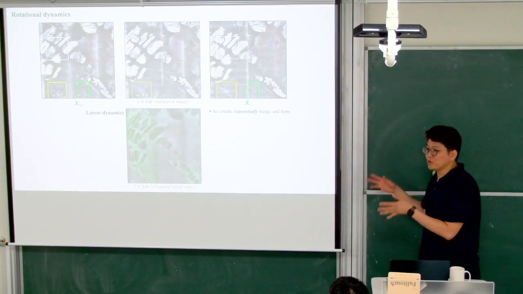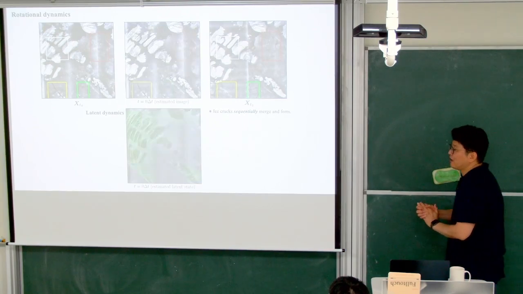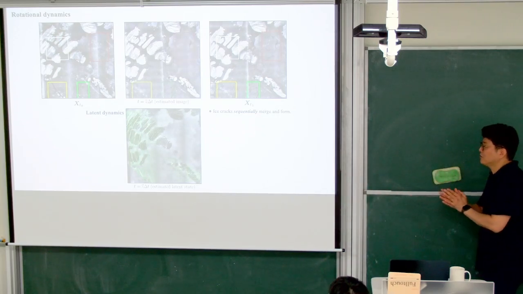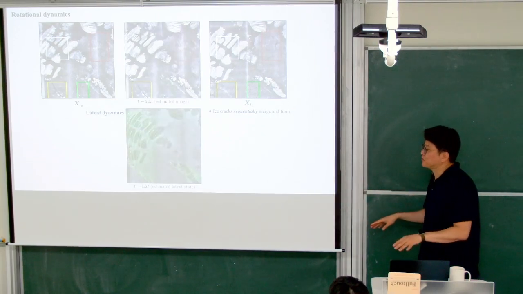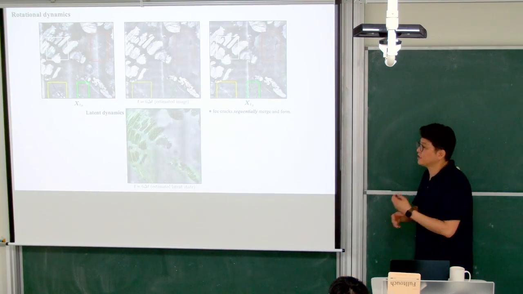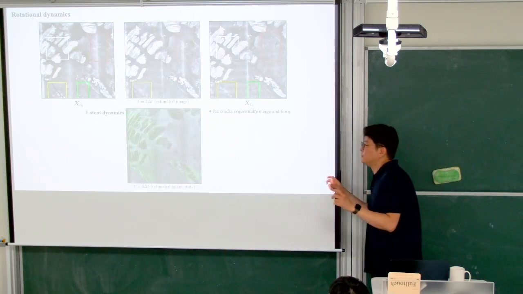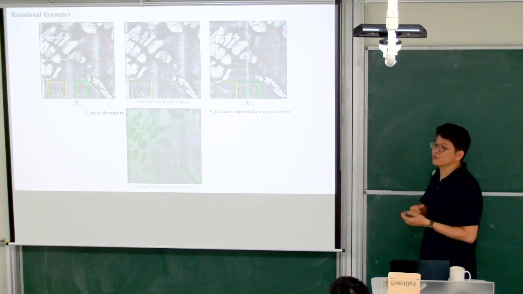But actually, you might think that diffusion is very simple, so it's very easy, but it is a different story in training. It's very hard to learn the diffusion coefficient.